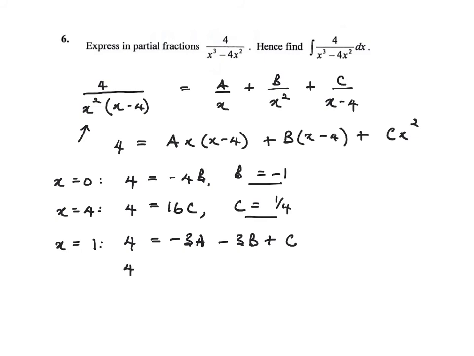So 4 equals minus 3a plus 3 plus 1/4. So if I take the 3 and 1/4 over onto the left hand side, 4 take away 3 and 1/4 is 3/4, so 3/4 equals minus 3a, and a then is minus 1/4.